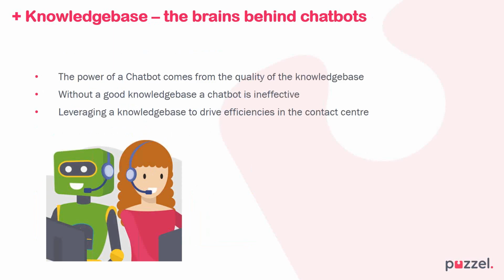So if there's a common theme coming into the contact center from a chatbot, then that information can be put at the top of the knowledge base for when an agent is presented with an incoming interaction. So as soon as they get a customer call or a query come in, in the knowledge base you've got the most frequently asked questions at the top, and that's going to help drive efficiencies from the agent's perspective by using that knowledge base and leveraging that.